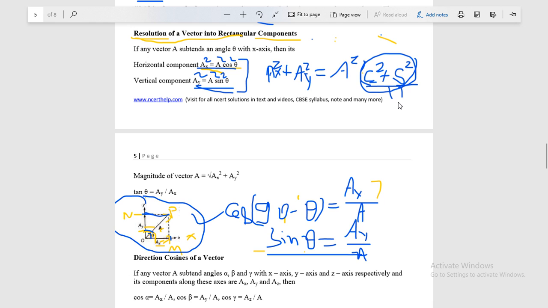So if this portion becomes 1, you can write AX square plus AY square is equal to A square, or you can write the same formula in terms of A, that is A is equal to under root AX square plus AY square. So this one is the magnitude of vector A if you know the components of A, that are AX and AY. So if AX and AY are known, you can use this formula and you will get the resultant.